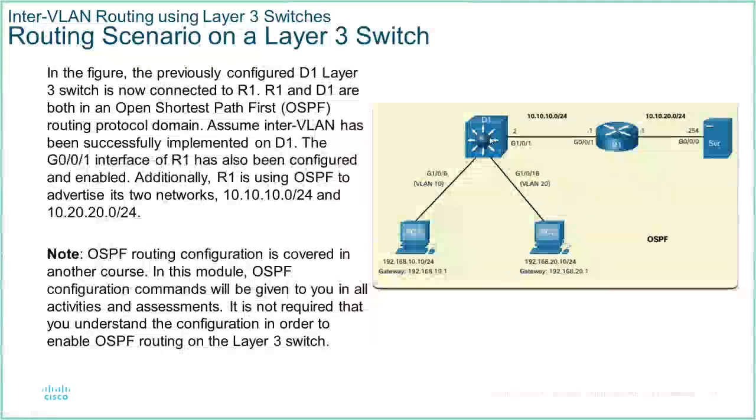So these are directly connected networks, and with OSPF it will forward these known networks up to router 1. So now router 1 knows these networks exist, and router 1 will exchange the 10.10.20 network with our multi-layer switch, so it knows the existence of the server network as well.